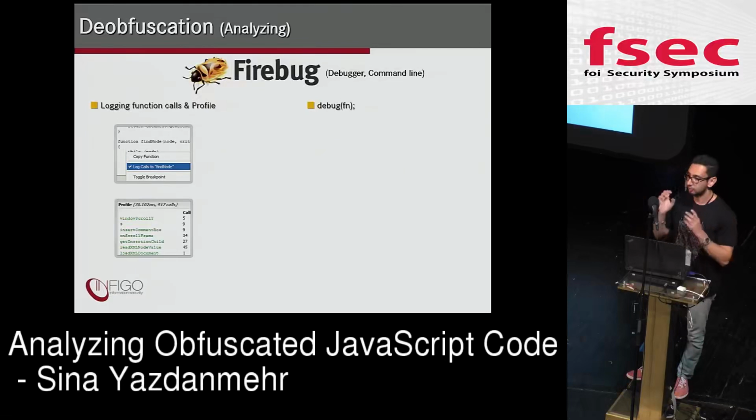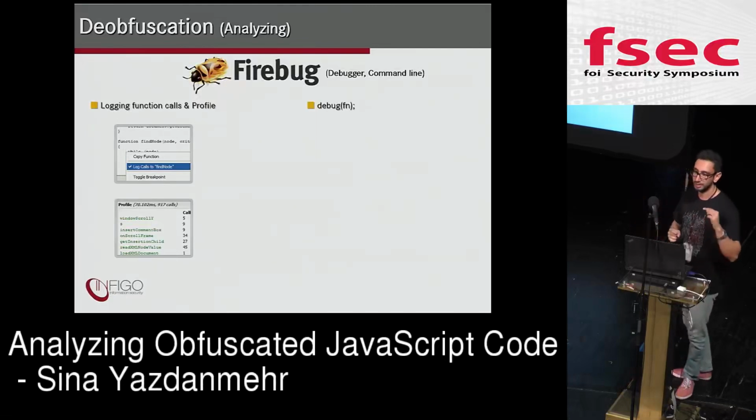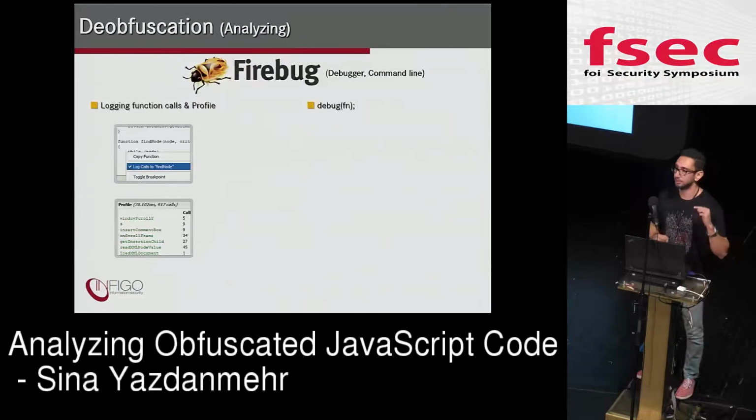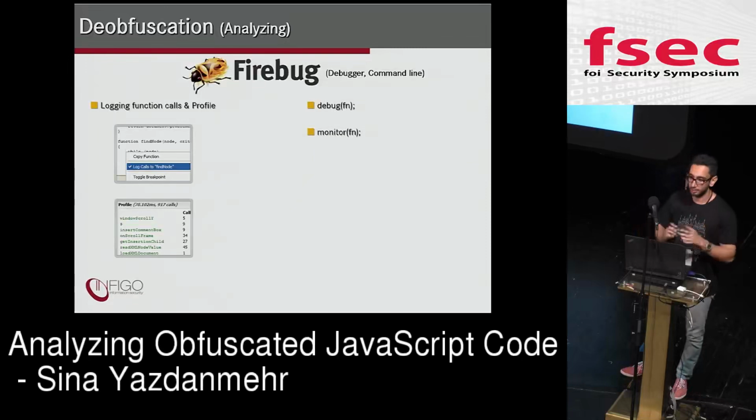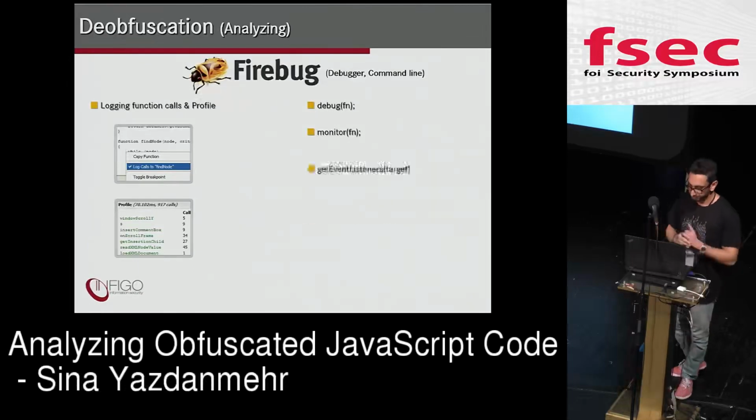You just pass the name of the function to the debug function, and it will automatically set a breakpoint at the first line of that function. Monitor is approximately the same as debug. You pass the name of the function to it and it automatically sets logging for that function.